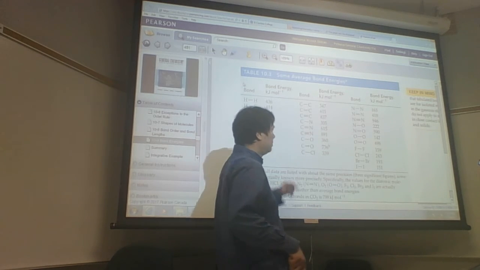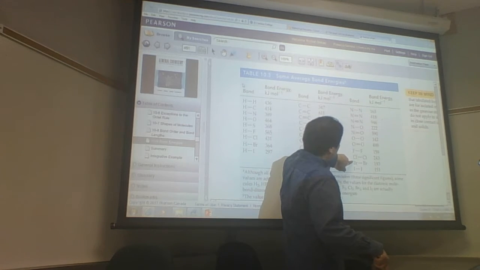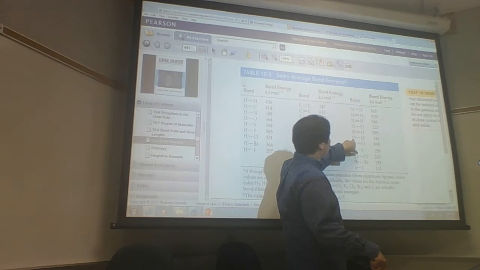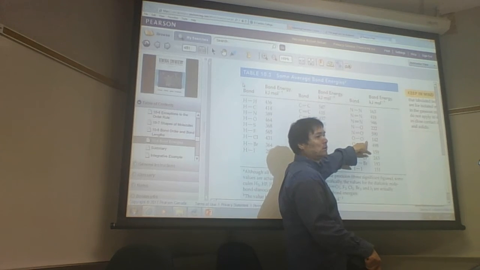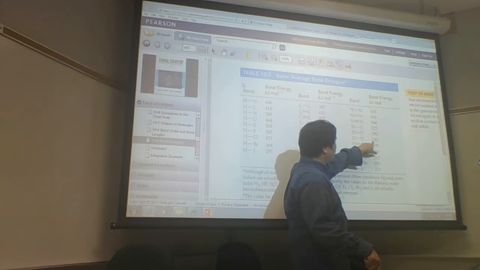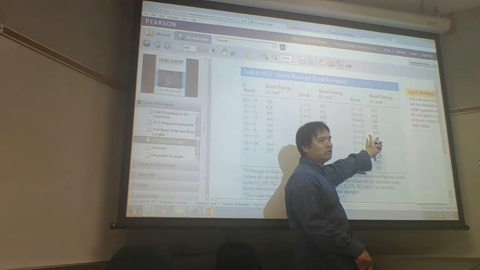Okay, thanks. So let's look at some bond energies. So for example, if I have an OO bond, like in hydrogen peroxide, which would be HOOH. Hydrogen peroxide has the OO bond, which has a bond energy of 142 kilojoules per mole.